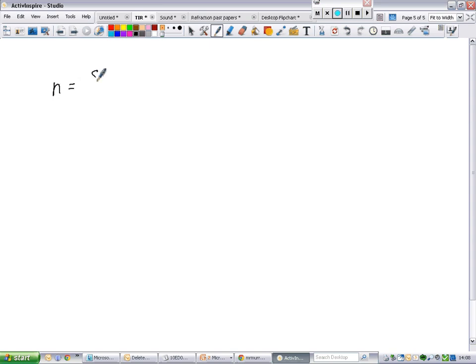So this is the formula part. n is equal to sine theta in air divided by sine theta in the medium. The less dense material always goes on the top of the equation. In your data booklets, that will be written as sine theta 1 divided by sine theta 2.